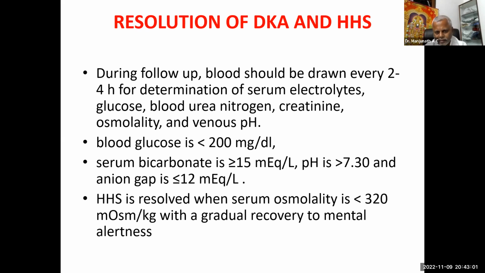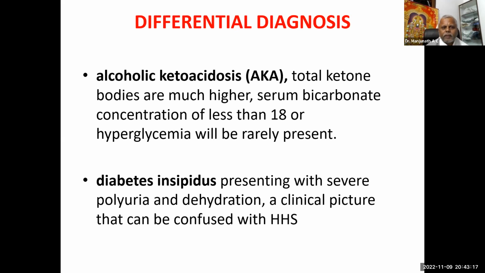And in case of altered mental activity, gradual recovery of mental alertness is an indicator of resolution of hyperglycemic hyperosmolar state. And the other thing, differential diagnosis: the 2 states that are present, alcoholic ketoacidosis and diabetes insipidus, are the 2 conditions that can be confused with diabetic ketoacidosis and hyperglycemic hyperosmolar state.